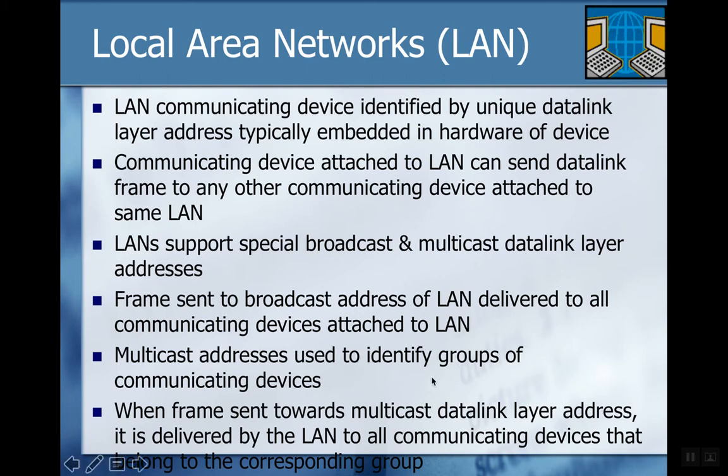So this data link layer is really the area of what we call local area networks, as opposed to a wide area network, which is more the internet and the transfer of information across long distances.